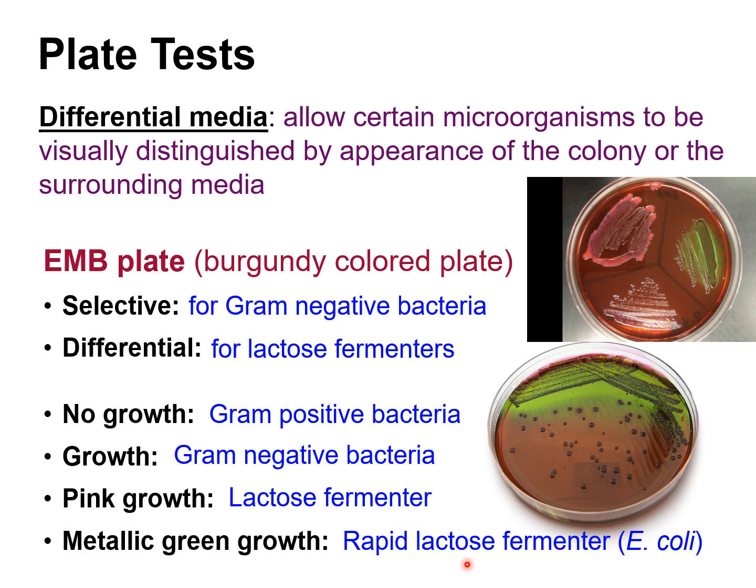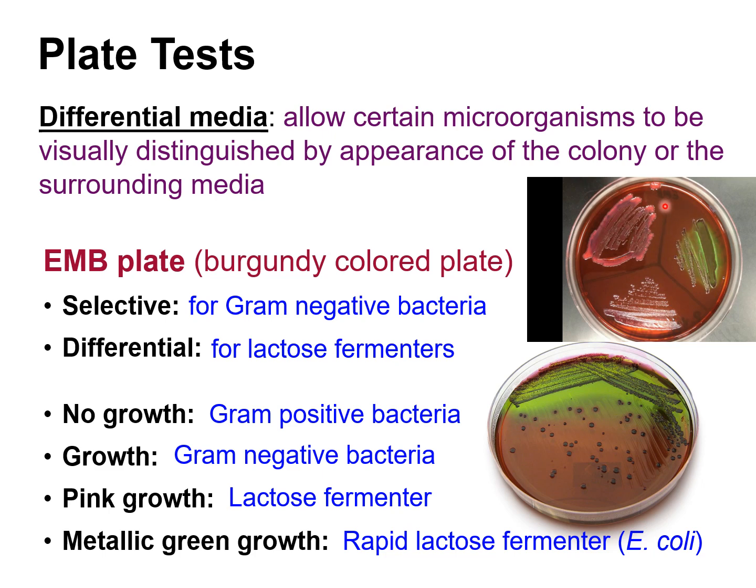What's a type of bacteria that can ferment lactose rapidly? E. coli. That enteric bacteria is a rapid lactose fermenter. So notice how the EMB was helpful in allowing me to differentiate between my bacteria.